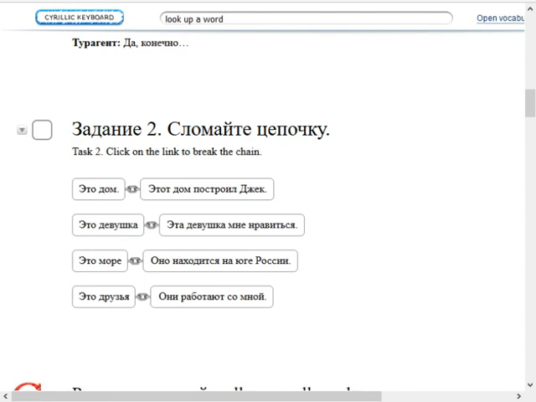Obviously logically it can't be the case, but both dom and Джек are masculine nouns. So if we just say этот дом построил Джек, you could theoretically interpret this as the house that built Jack, and not the house that was built by Jack. But anyway, let's see what happens when we click on the chain. Это дом, который построил Джек. This is the house which was built by Jack.